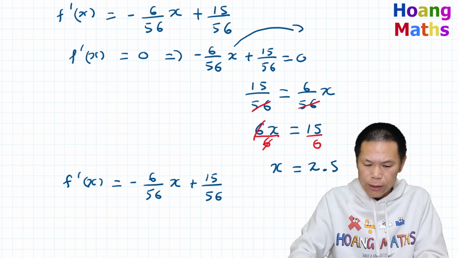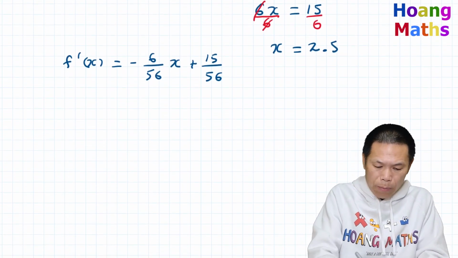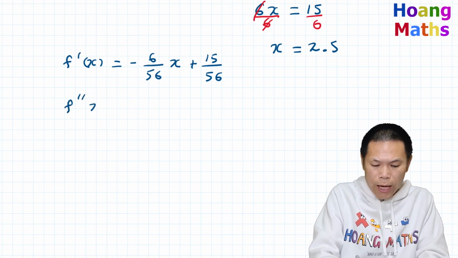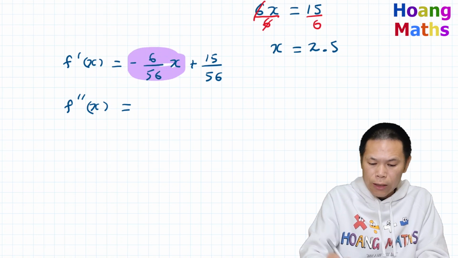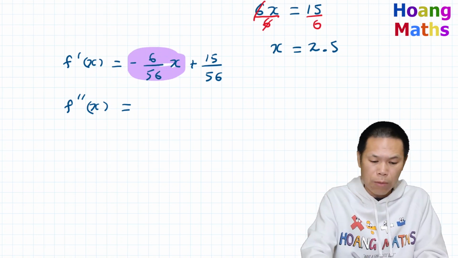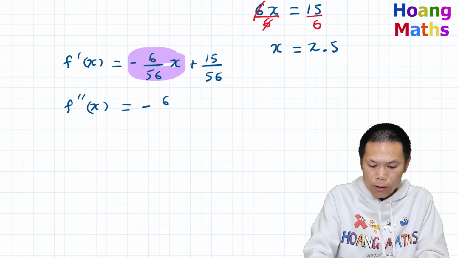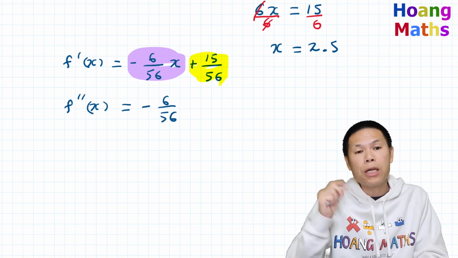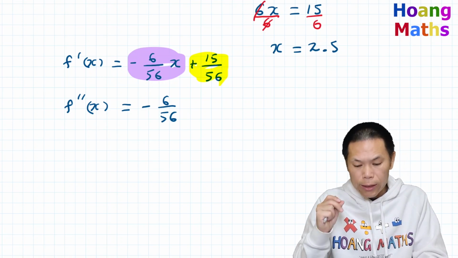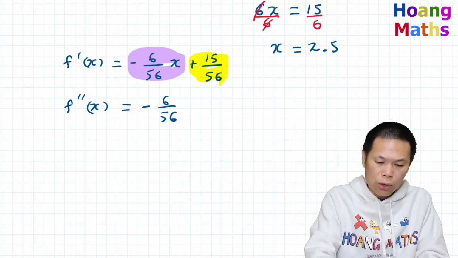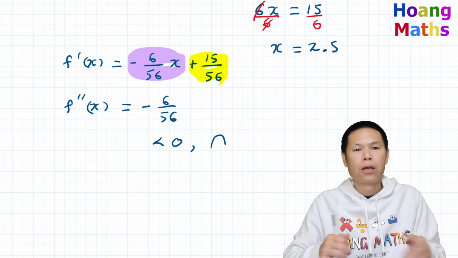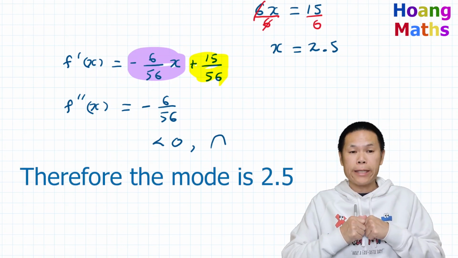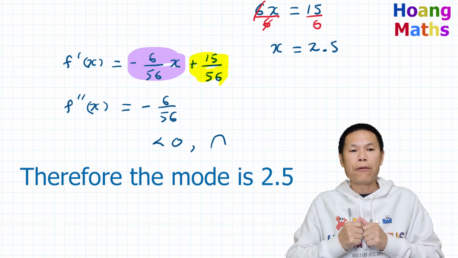Now to differentiate this, f double dash x is equal to: we differentiate negative 6 over 56x, that gives me negative 6 over 56, and we differentiate this, that gives me 0. So the answer is negative 6 over 56. This means that it is less than 0, so therefore it is a maximum. So therefore the mode for this probability density function is 2.5.